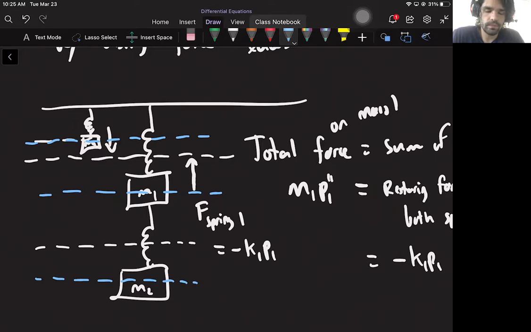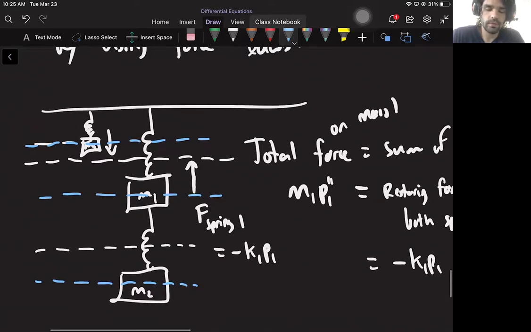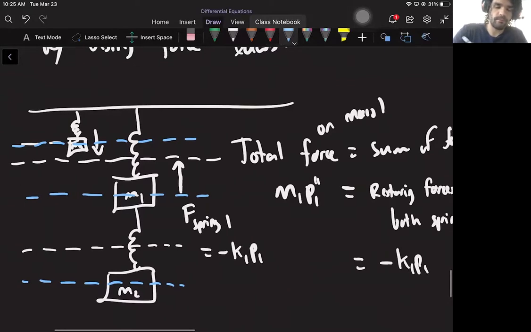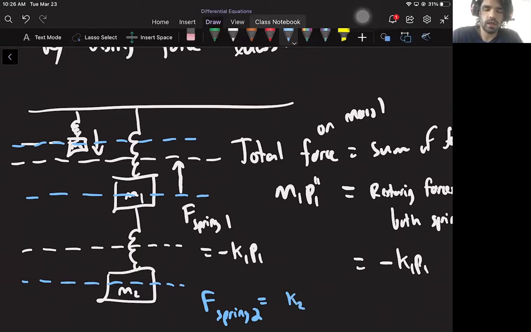And this picture is getting all complicated. Okay, so now there's a restoring force for spring 2. So the second spring has spring constant K2.